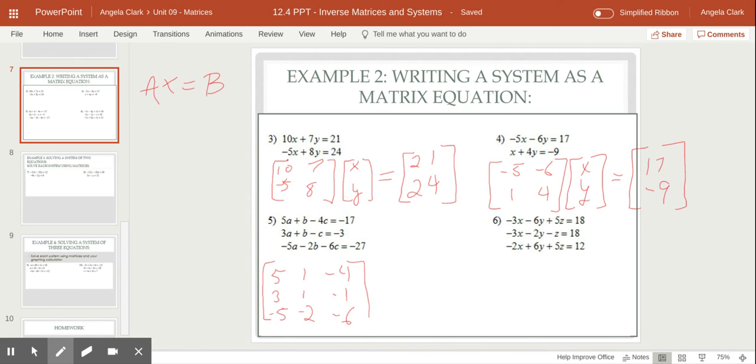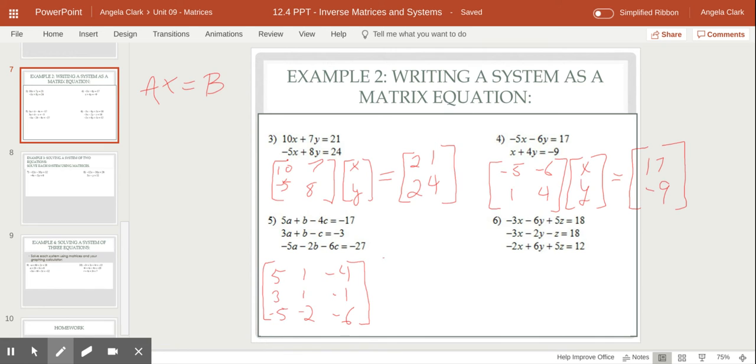If these were out of order, like if I had B, A, C, or something like that, I would rewrite it just to make sure that I don't confuse myself when I'm writing this, because they need to be all in the same order when I'm writing this out. So if your variables are not all in the same order in all of your equations, I would go ahead and rewrite the equation.